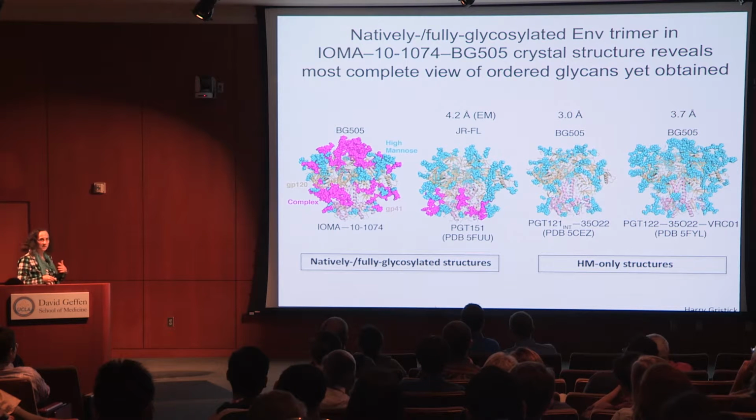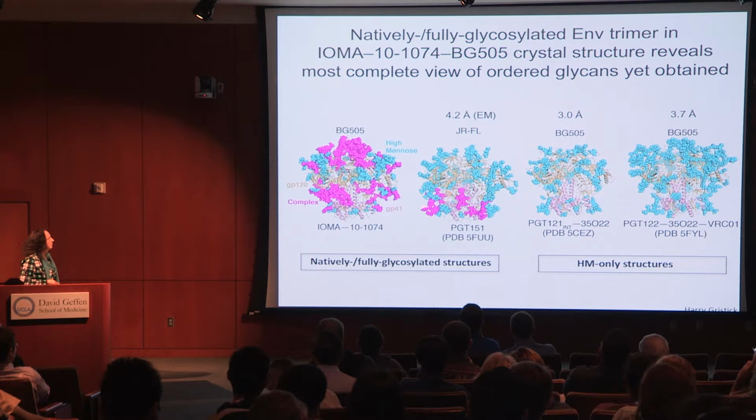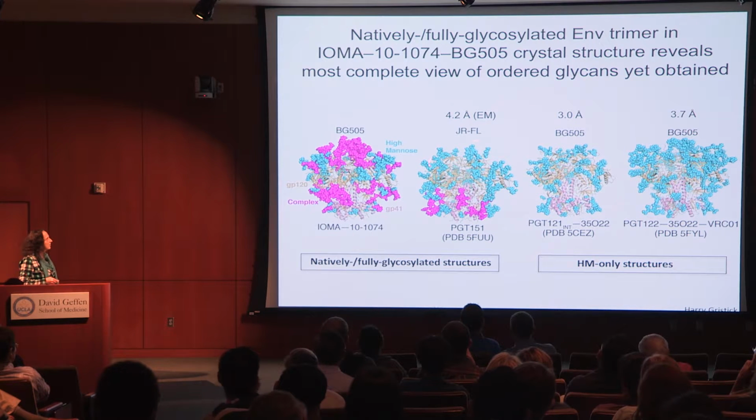So they were able to get quite a reasonable resolution by single particle EM, and they were able to build in some complex type glycans, but not a lot of the glycans were ordered up on the top of the trimer, so they just built them as high mannose.